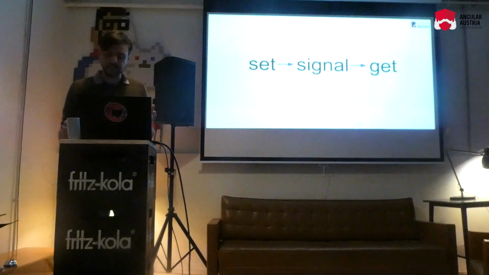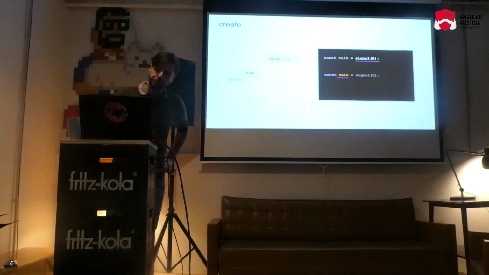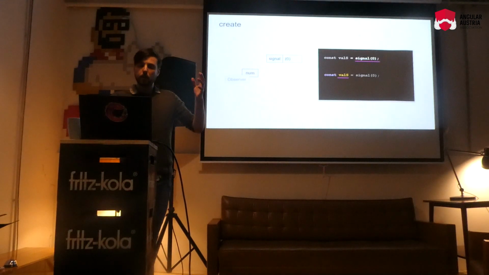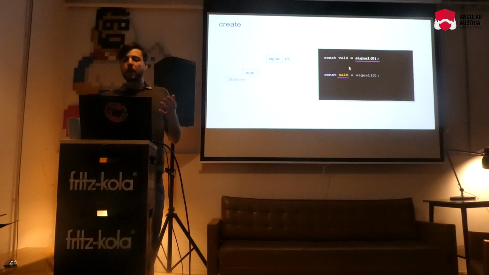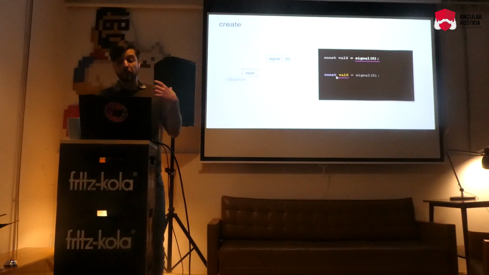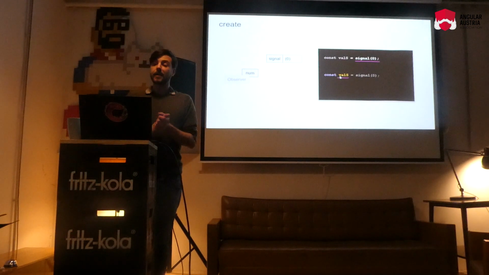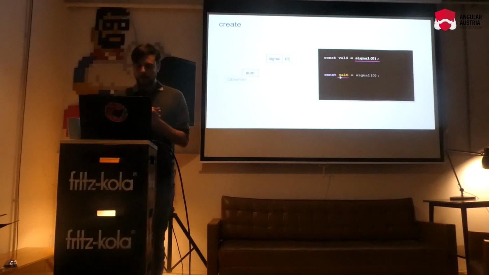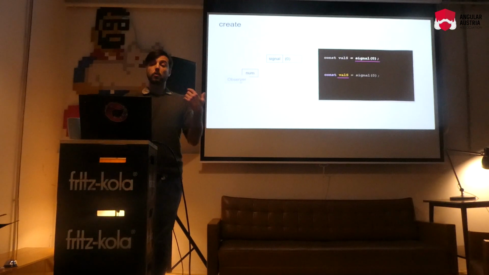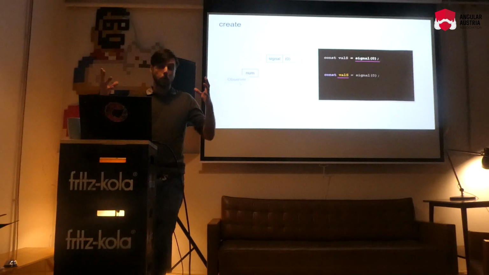A signal is a setter-getter object, and if I call this create signal function, I receive something that is a signal. And this signal is basically a thing that holds a container that is called observers.